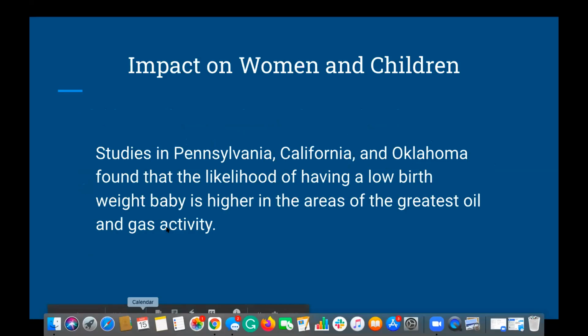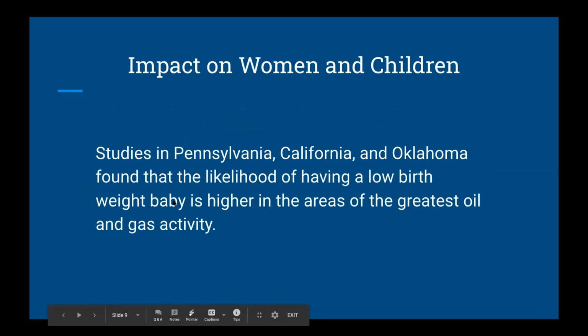They saw that an increase in active oil and gas development was associated with adverse birth outcomes, mostly in rural areas. Births to mothers in the highest production areas were 1.4 times more likely to result in low birth weight, and 1.22 times more likely to result in small for gestational age. On the next slide.